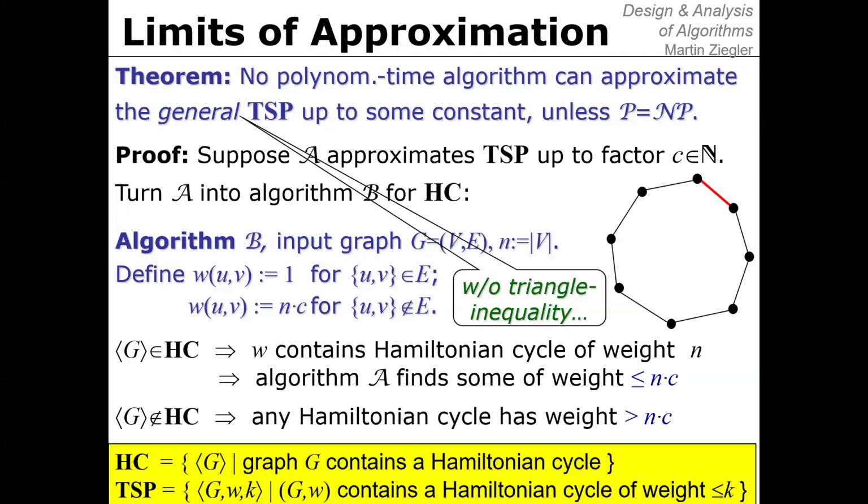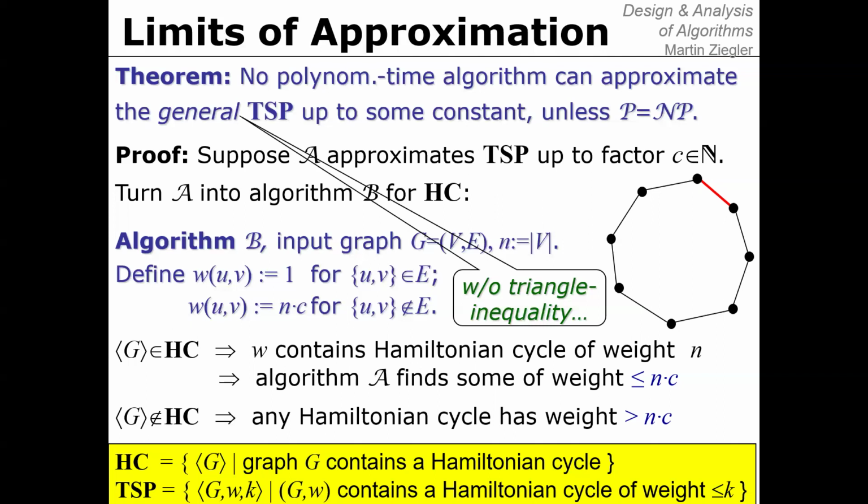If it has, then the approximation algorithm will find a cycle of small weight, because even if it's only approximate, it will be no more than a factor of c more expensive than the minimum weight Hamiltonian cycle. Whereas if the original graph did not have a Hamiltonian cycle, then any Hamiltonian cycle, and in particular any one output by the approximation algorithm, will have weight strictly larger than n times c.